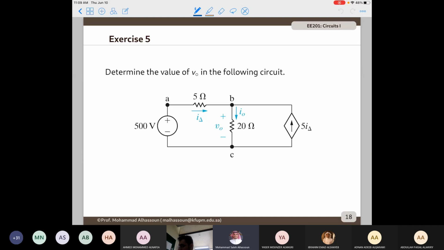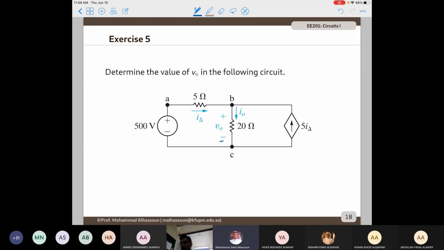So we have voltage V0, and we are asked to find V0. In this circuit, we have 2 sources: a 500 volt independent voltage source and a 5 I delta dependent current source. Remember, our goal is to find the voltage V naught, which is this one.